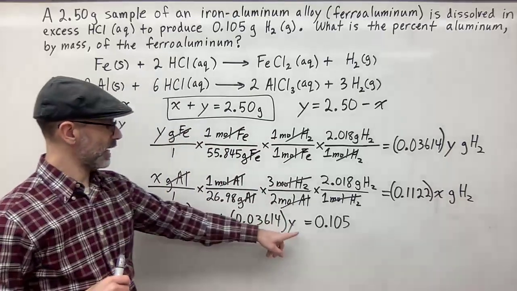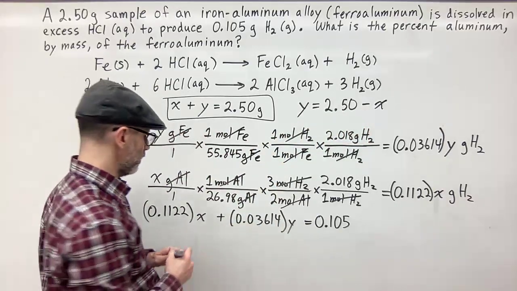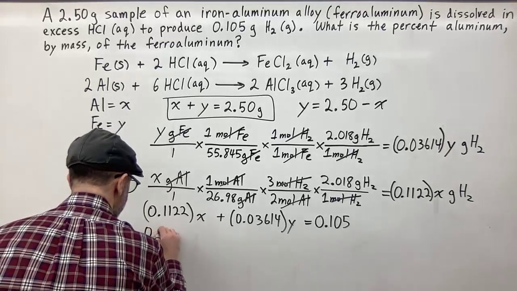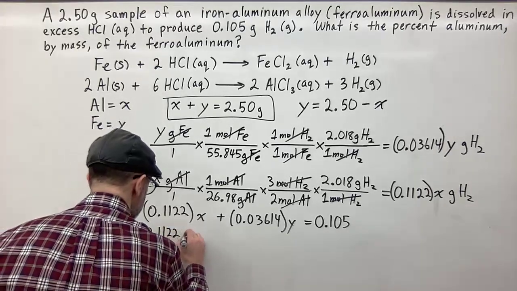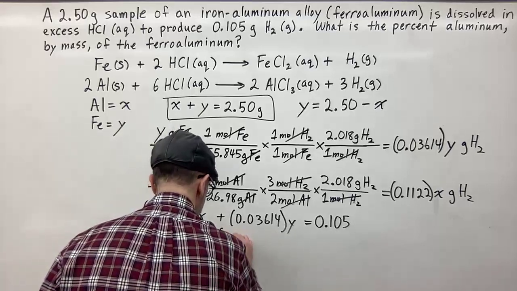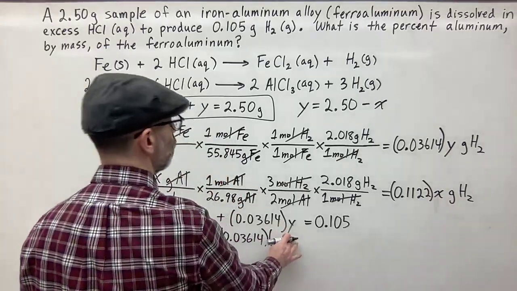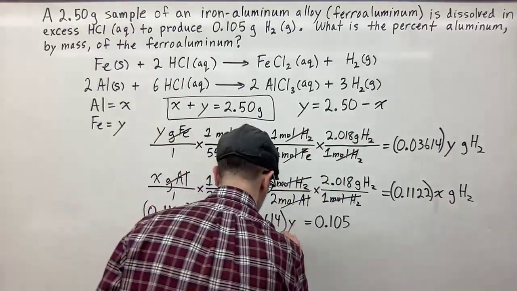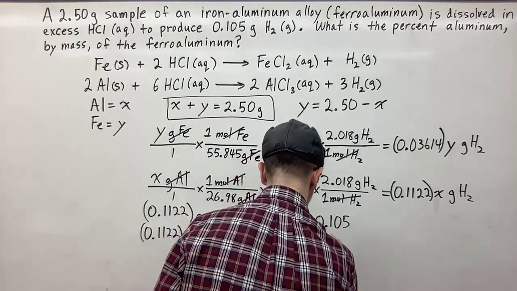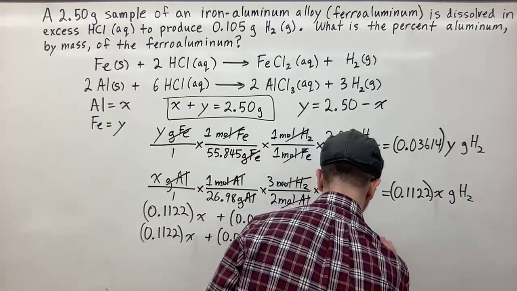Now I can substitute this in for y, so my equation becomes 0.1122 x plus 0.03614 times (2.50 minus x) equal to 0.105.